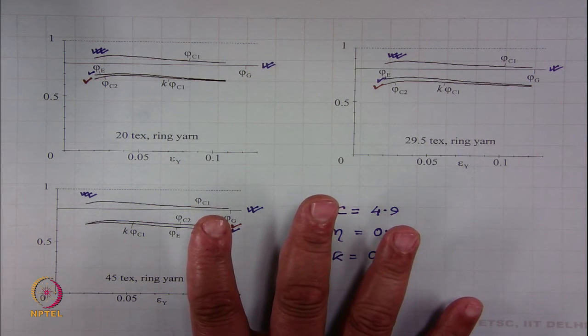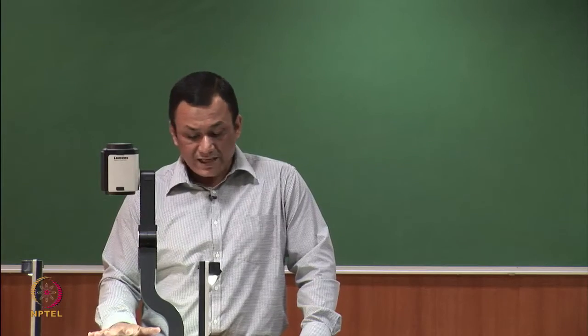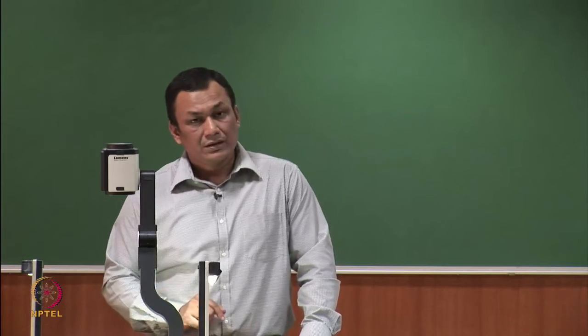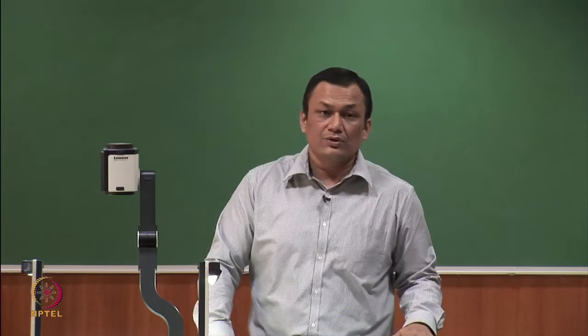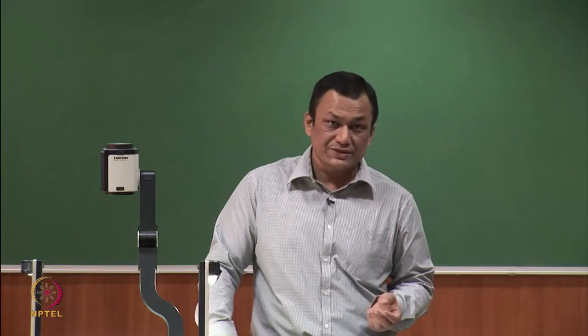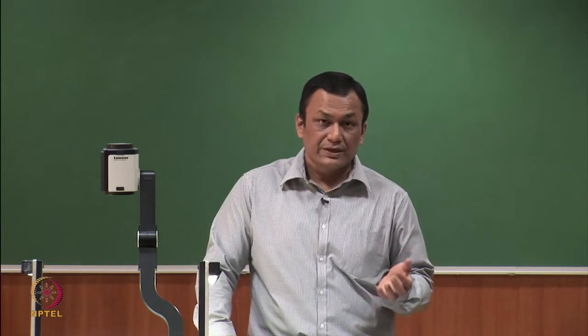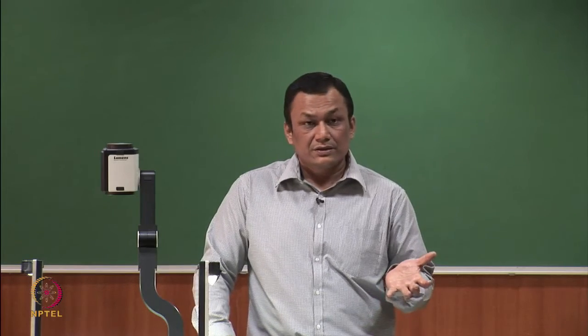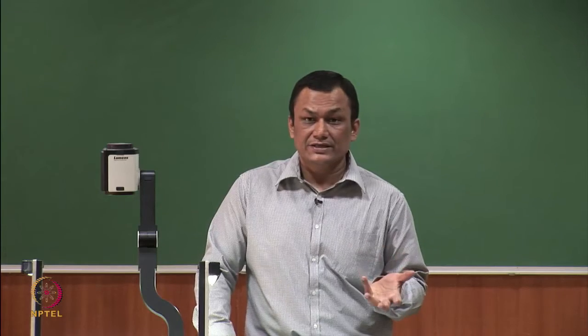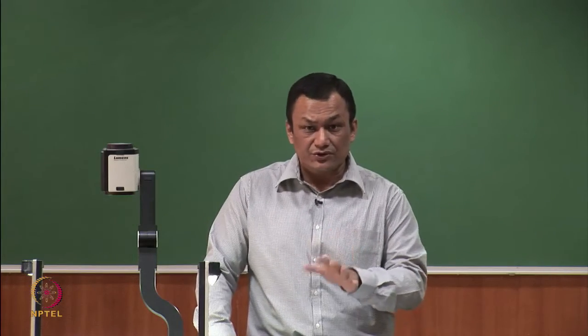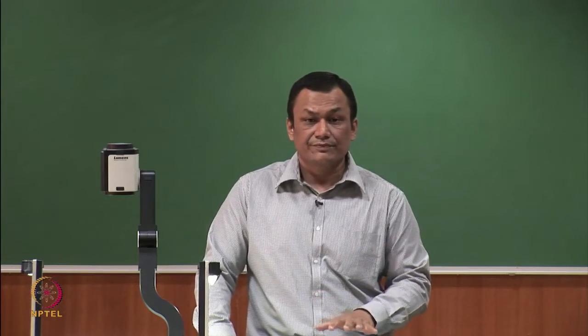What message are we taking? The message is that the partial generalization of helical model along with the two more assumptions, that is small strains and radius independency, packing density constant, contraction ratio constant.